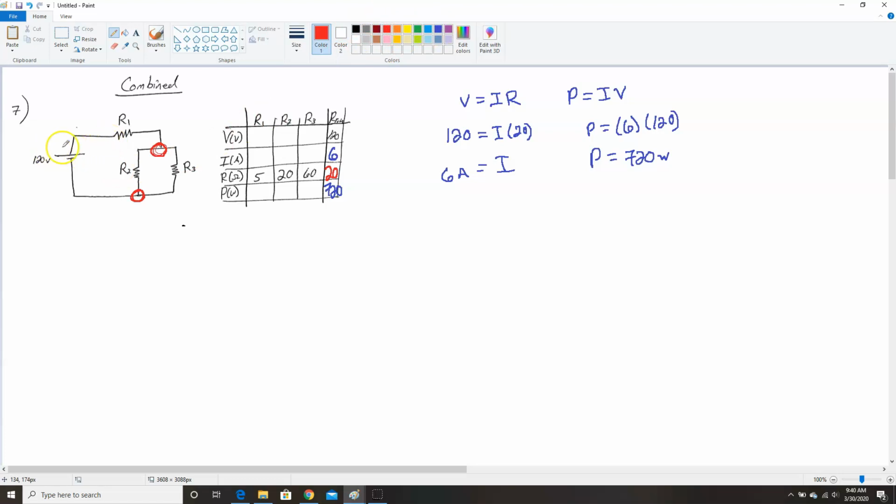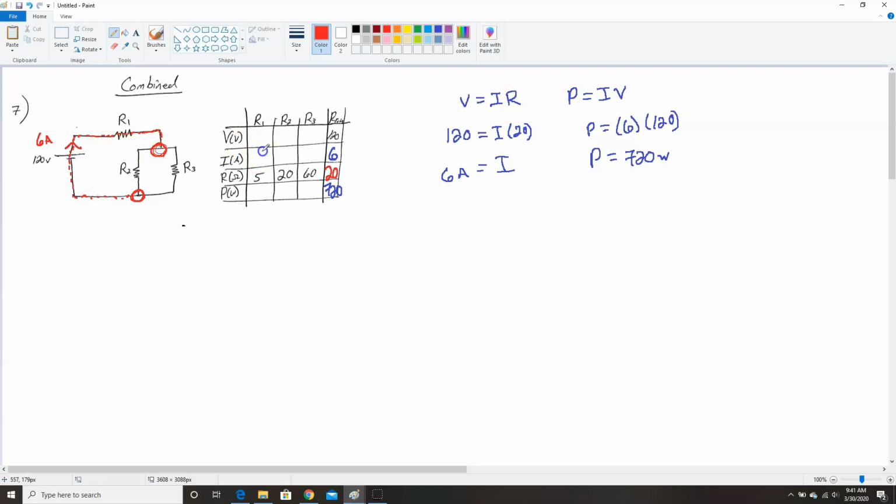So what we know based on this piece of information right here is that 6 amps leaves the battery. It has nowhere to go other than through R1 until it reaches this intersection. Then I don't know what happens when it gets to 2 and 3, but it will rejoin and come back to the battery.